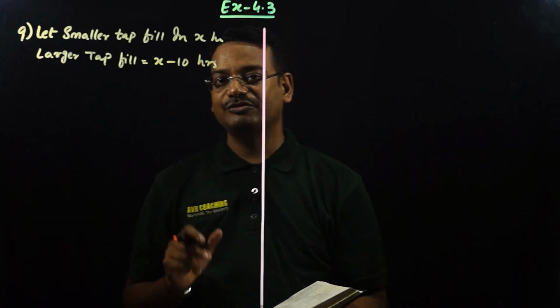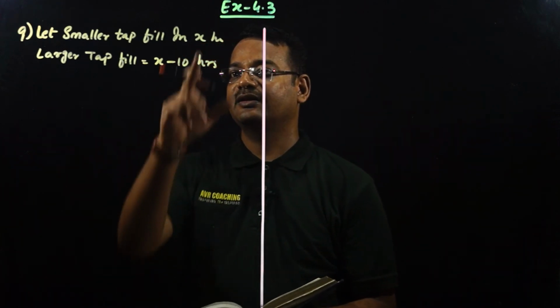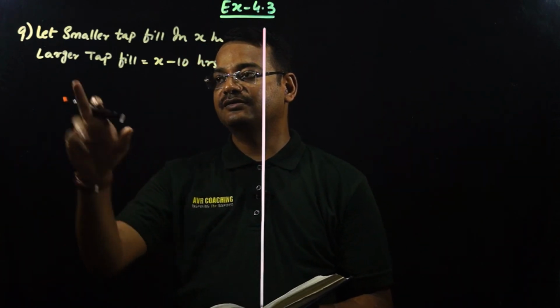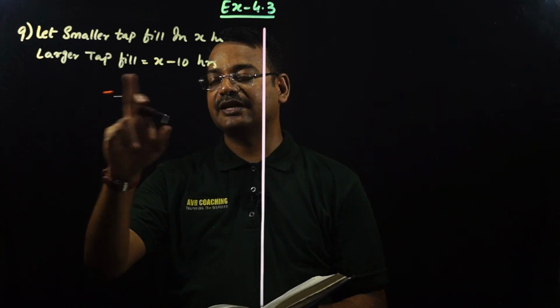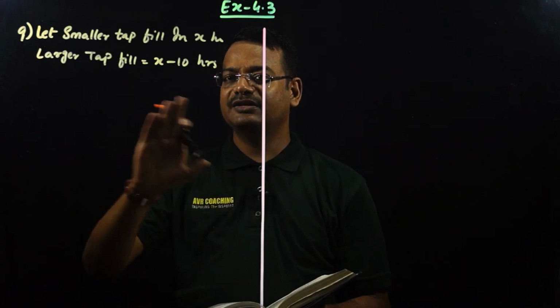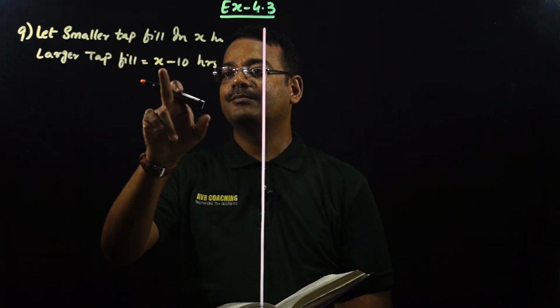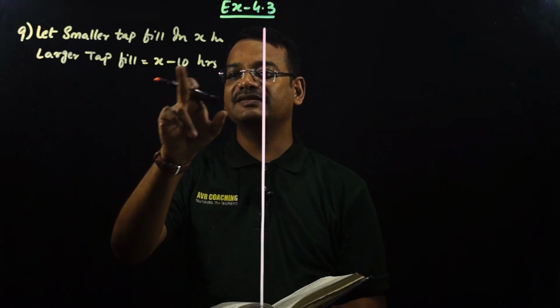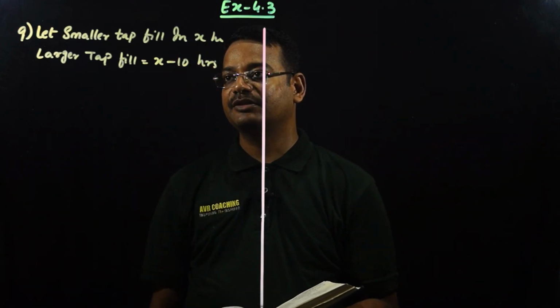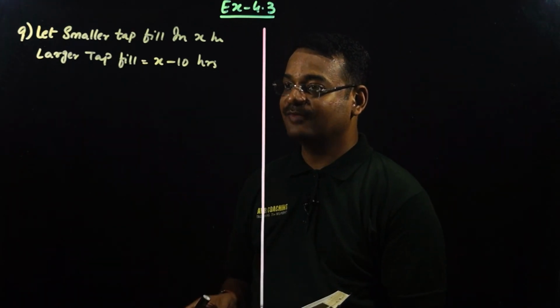Now most of the students get confused about which value to take as x. Here he already gave that the larger tap takes 10 hours less than the smaller tap, so it is very clear that we have to take the smaller tap as x, only then we can subtract 10 from the time taken by the smaller tap. Now the larger tap is x minus 10.